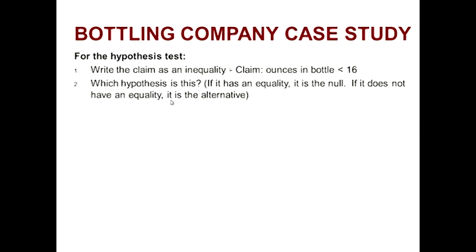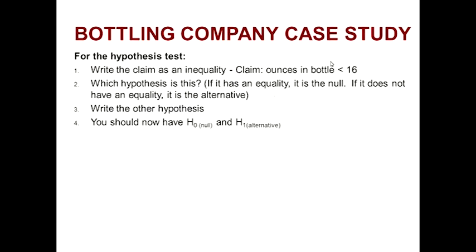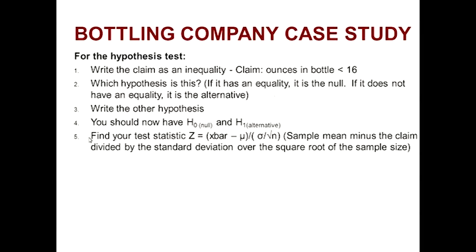So in this case, it was said strictly less than, therefore this is the alternative hypothesis. And so H1 is mu less than 16. So you have a null and alternative based on your claim.